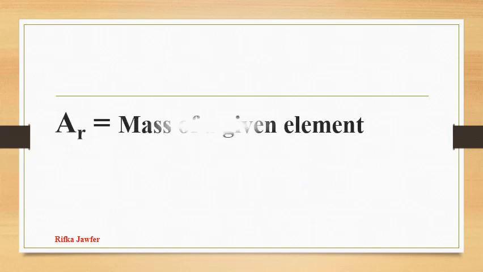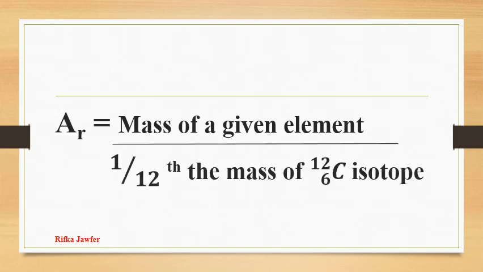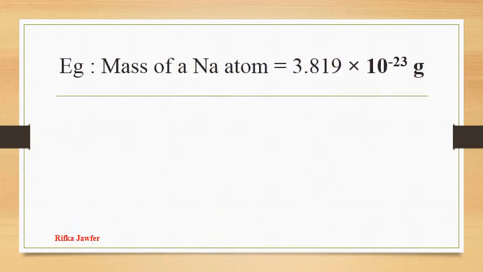So, how many times an atom of a given element weighs as much as 1/12 the mass of C-12 isotope is the relative atomic mass of that particular element. Now let us go for an example. Mass of a sodium atom is equal to 3.819 into 10 to the power minus 23 grams.